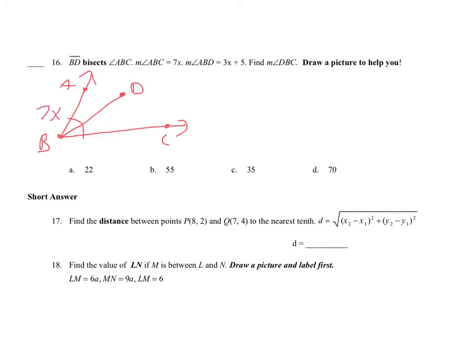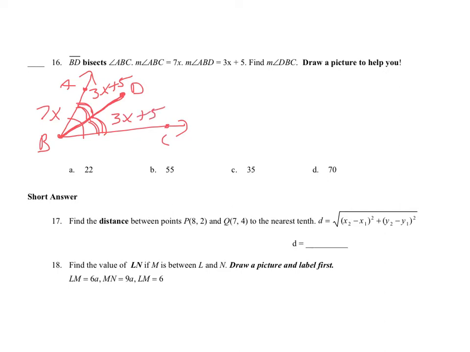Now ABD, this angle right here, is equal to 3x plus 5. We're supposed to find DBC, basically this angle right here. Well, if BD bisects this angle, then these two angles are congruent. That means DBC is also 3x plus 5.